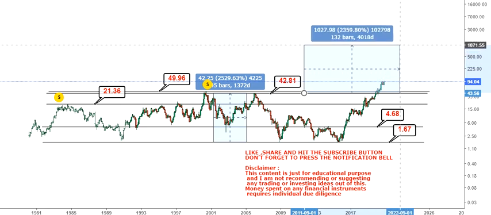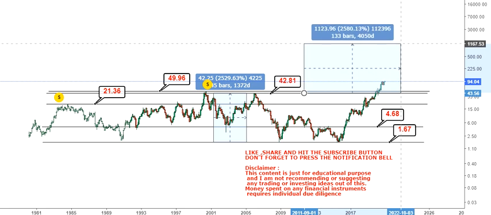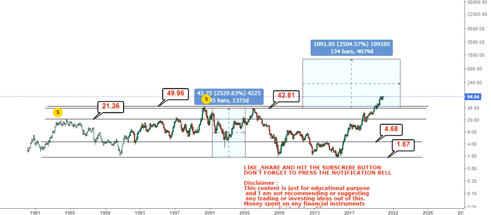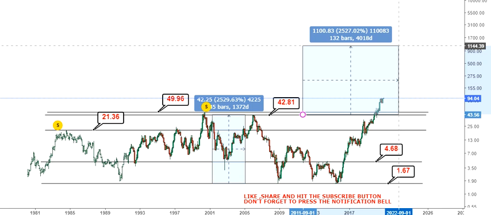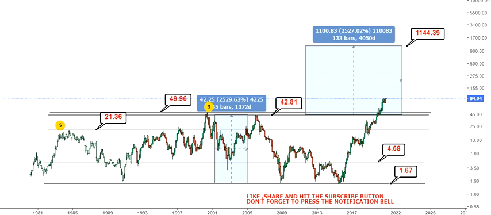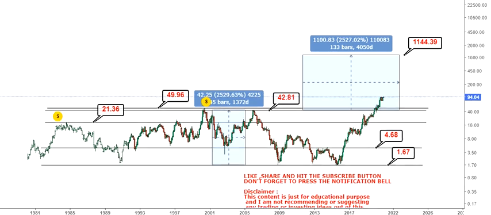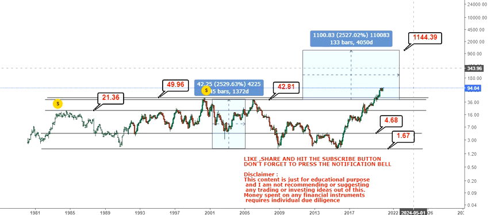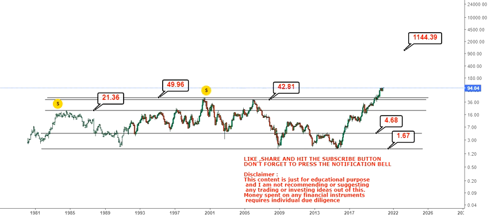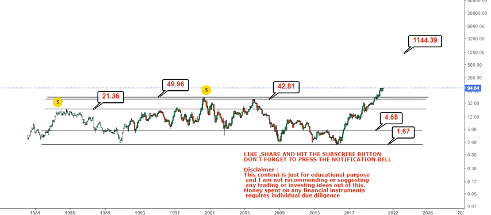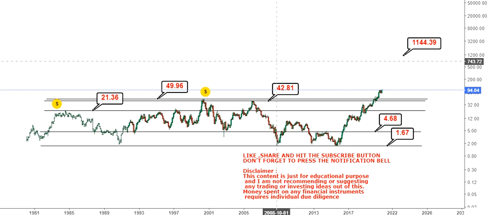So if I use that percentage, 2529%, near to that, it means we are looking at a level as high as four digits. Many people would definitely say that it is quite high and ask whether it is possible or not.